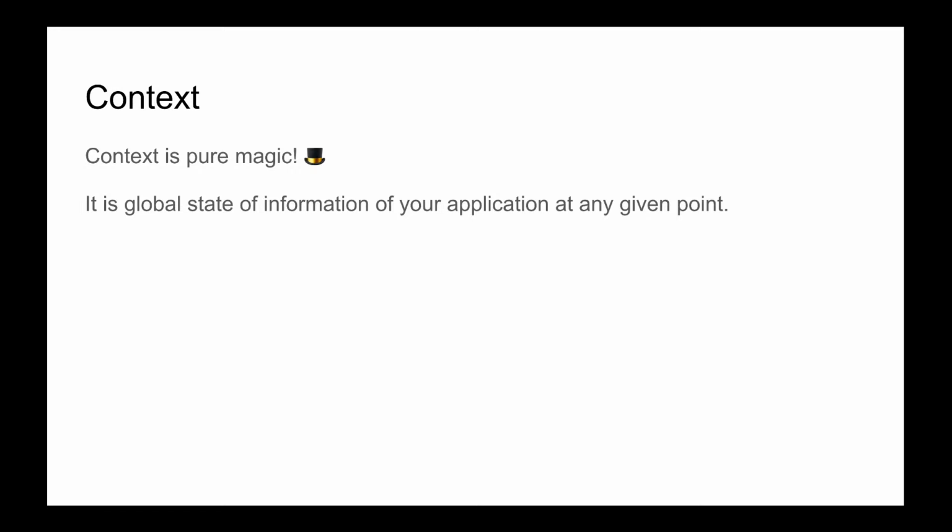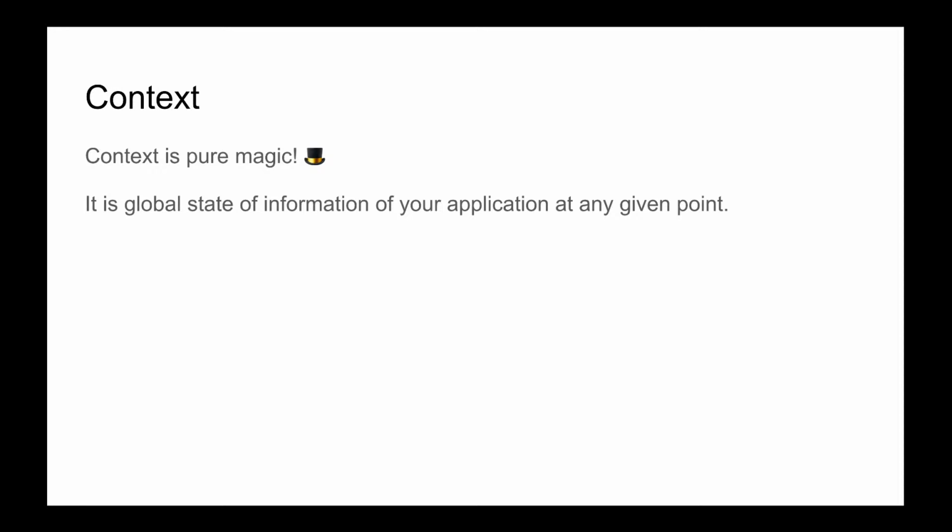Basically, context is like a global state of information of your application. So imagine you go to a new place and you don't know anything there. So you randomly call a person and you say, hey, give me a context about what's happening here. That's exactly what context is doing. It tells the OS that this is the state of the application and this is how it needs to be rendered, and so on.